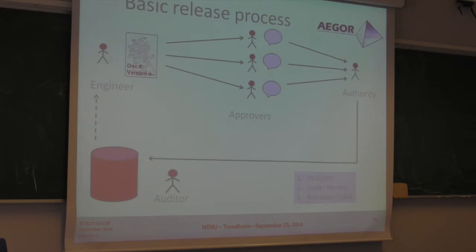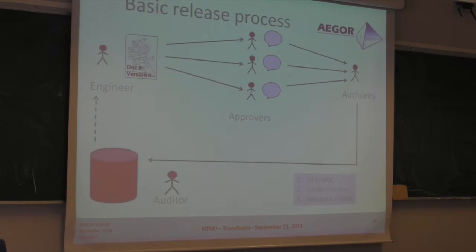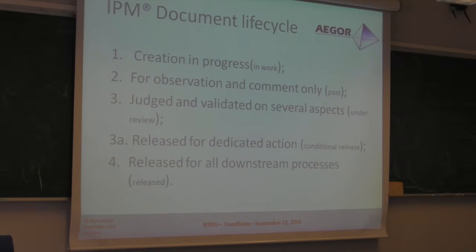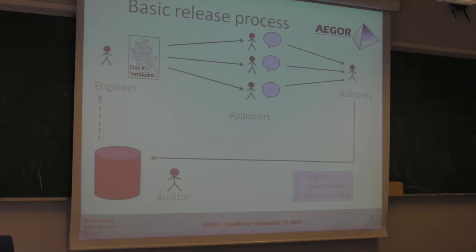So this is the basic again. We have an engineer making the drawing. We have a number of experts telling whether things are good or not good, and we have the authority that releases, and then, it comes later, there's an auditor who judges whether the game is played as it was intended to be played.